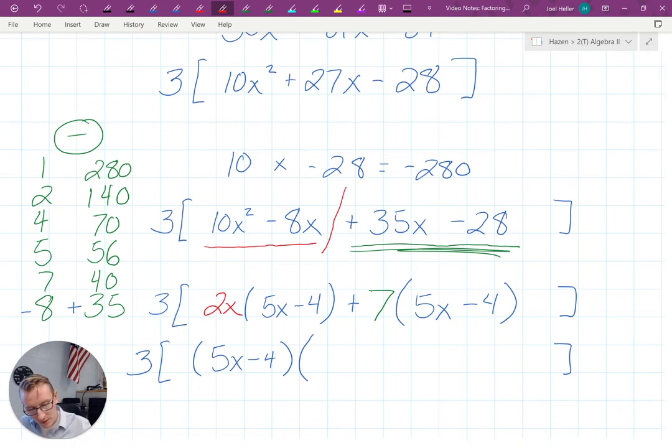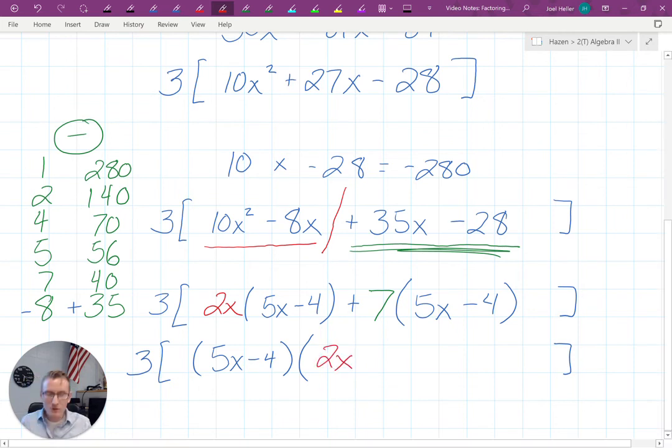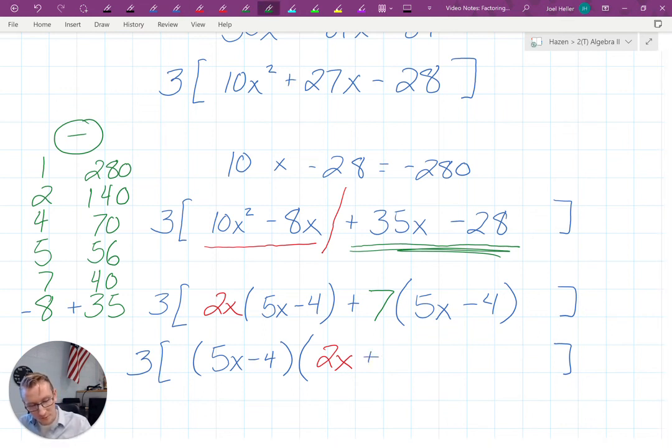We'll write that in red so you know that it's the same term. So it's this 2x right there. Then I'm going to do the same thing with the other one. Once I factor out this 5x minus 4, the only thing I'm going to be left with is that positive 7. That's going to be plus 7.